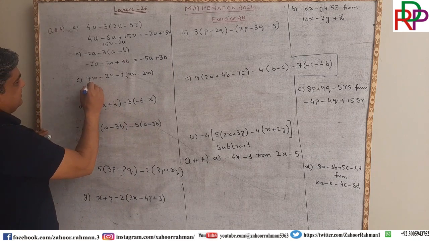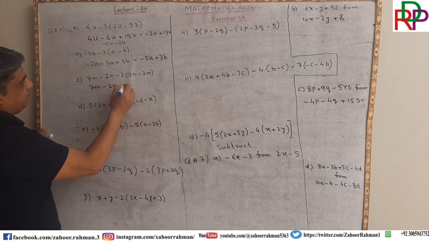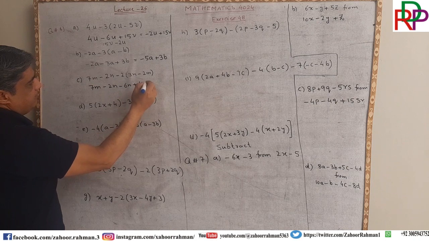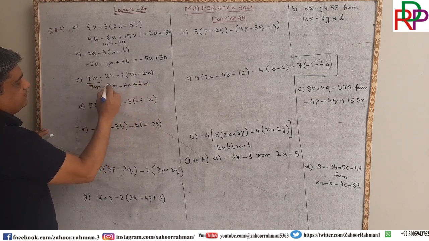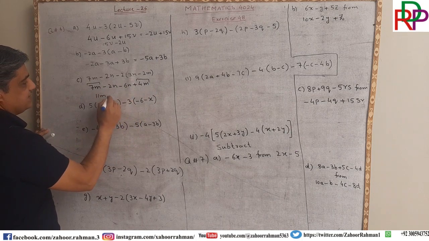Similarly, first the expansion: 7m minus 2n minus 6n plus 4m. M will be added with m, so it will yield 11m, minus 2n minus 6n is minus 8n.